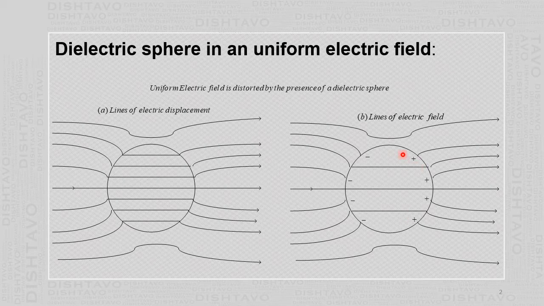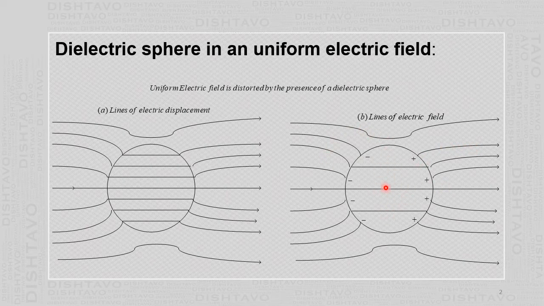So whatever negative charges are there will come on one side, that is in the direction opposite to the electric field, and it makes the other side positive, and field lines terminate perpendicular on the negative charge and originate perpendicular from the positive charge. So this type of distortion takes place.